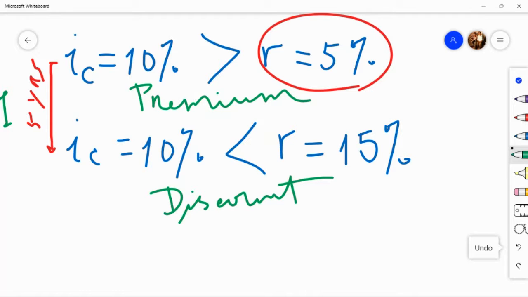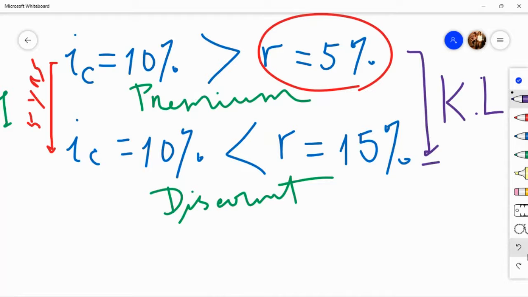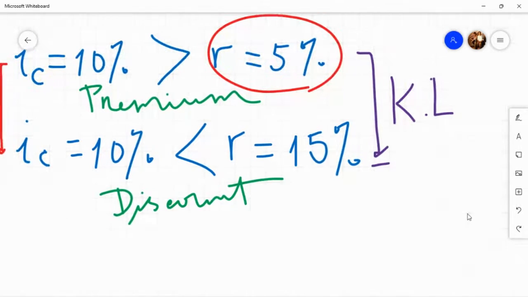Because the coupon rate is less than the market rate. So what happens if you sell it 5 years later? You will realize capital loss, right? Makes sense? So this is why it is also called interest rate risk.